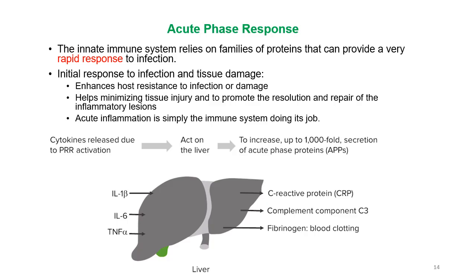Because of either damage or bacterial infection, you are going to have local upregulation of those inflammatory cytokines, and those cytokines are going to get into your bloodstream, travel everywhere in the body, and get to the liver. Here is the liver, okay? So here are your cytokines getting in the liver, and in the liver, it's going to start activating the production of acute phase proteins, all right?